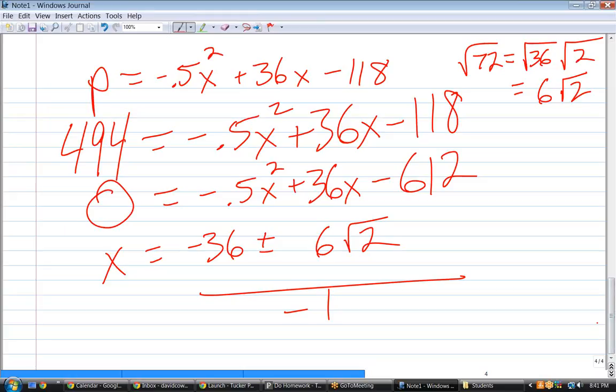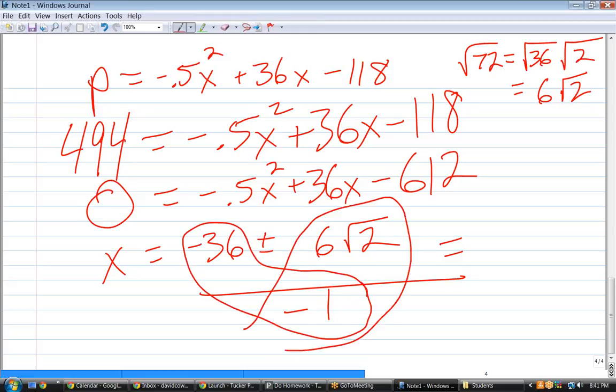Now, what's our answer going to be? Well, the thing we have to deal with is this negative 1 in the bottom. If I separate this into 2 fractions, which I'm going to, what's the left part equal?